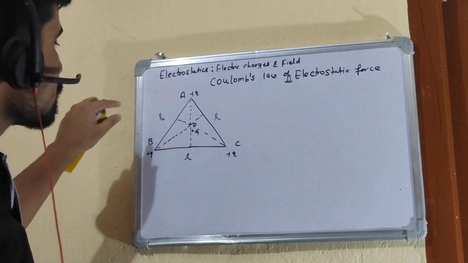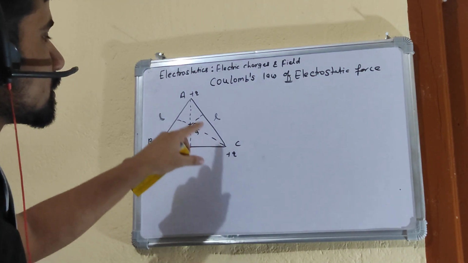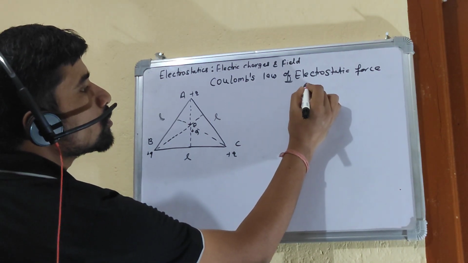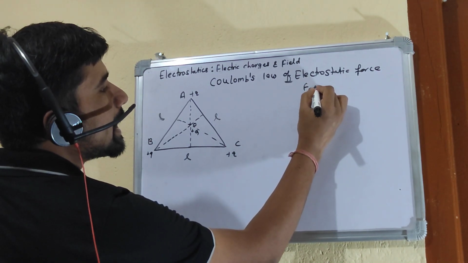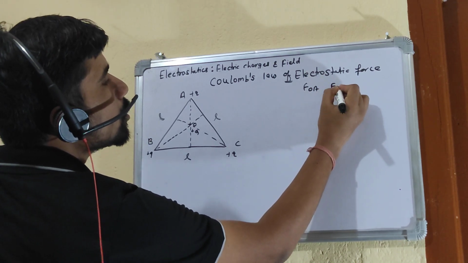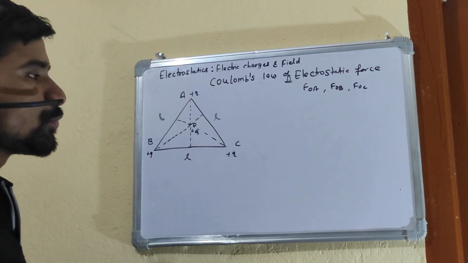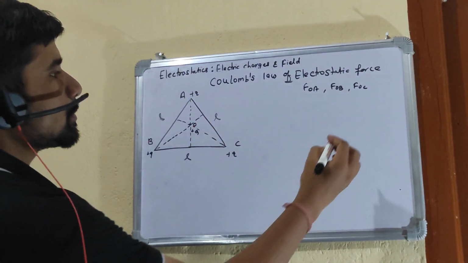A will exert a force, B will exert a force and C will exert a force on O. So there will be three forces: force on O due to A, force on O due to B, and force on O due to C.